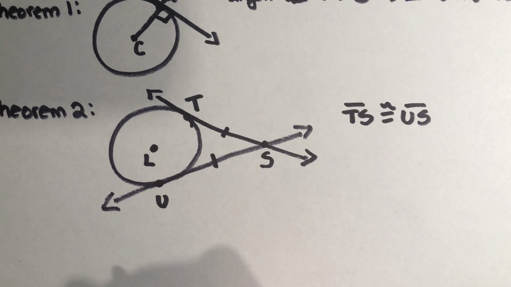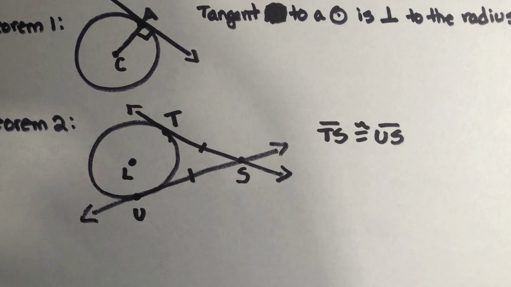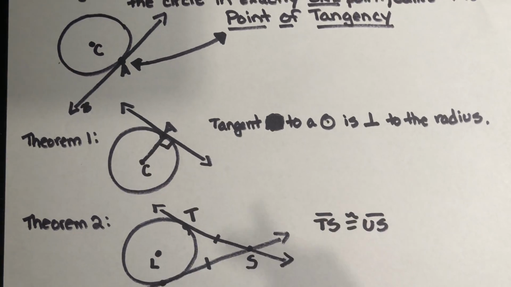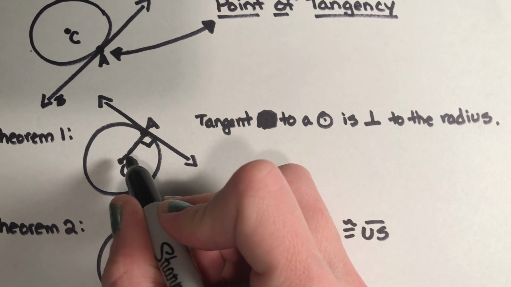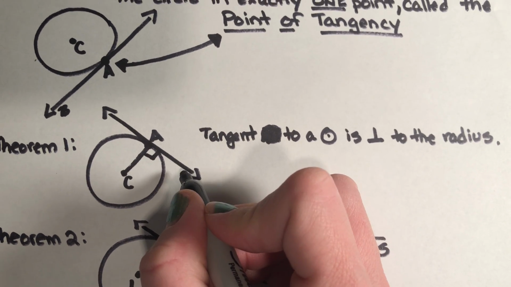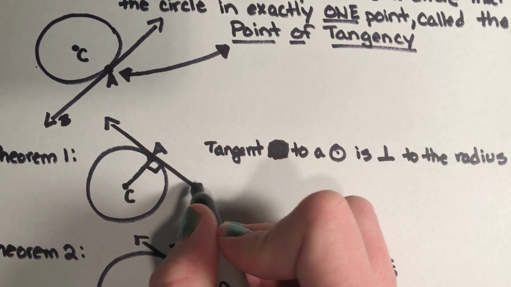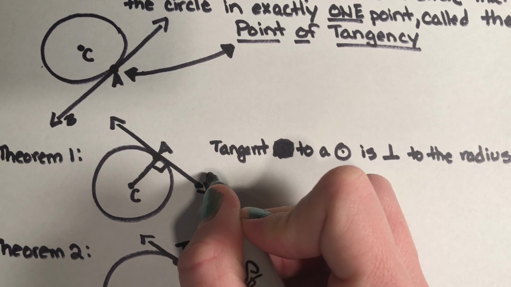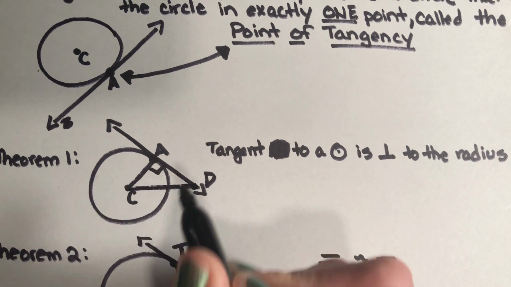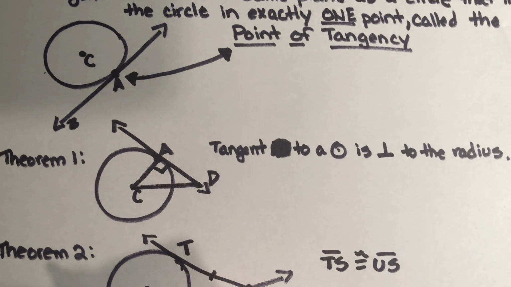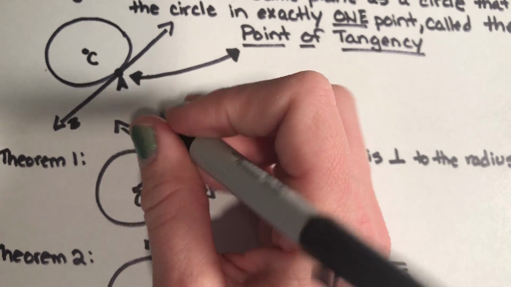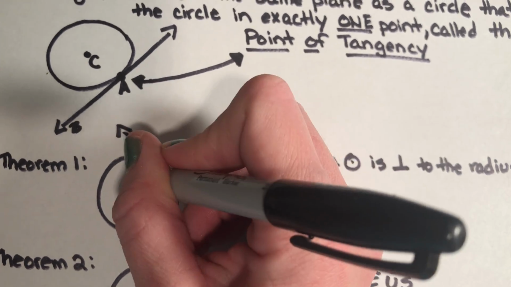All right, so let's do two examples with this. So if we have here this circle in our theorem 1, AC, and let's say that we're going to connect it to point D out here. There we go. All right, and we're given that this is 14.